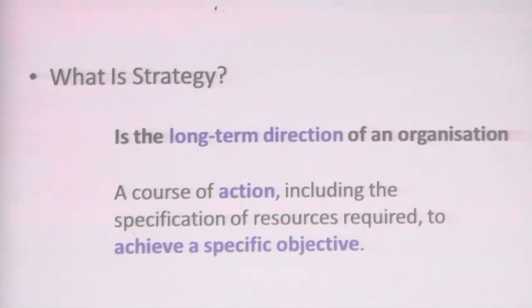You have to allocate your time, go for classes, work with audit companies, study at night, and even study on the mobile phone. So, there will be so many actions to achieve that goal. Those are the strategies that you are going to implement to achieve your objective.